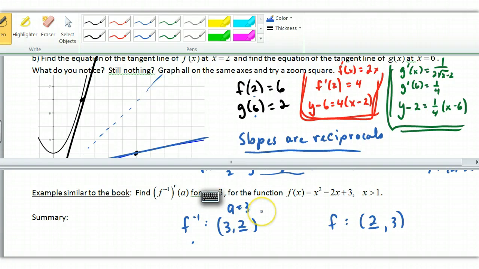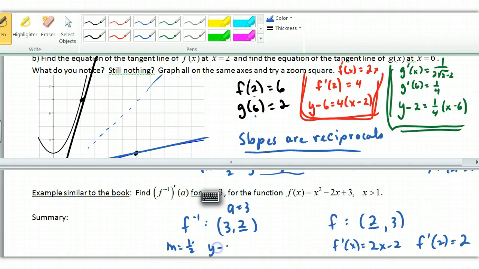And then this one here is 2. So if I want to find f inverse prime of a, I have to find f prime of x, which would be 2x minus 2. The reciprocal of that is going to give me that. So f prime of 2 is equal to 2. So this slope over here is 1/2.